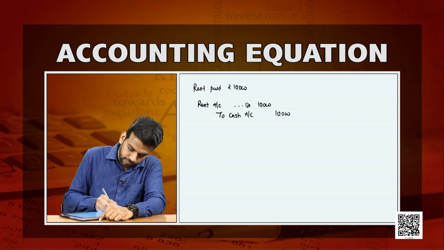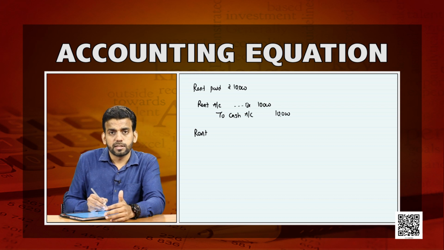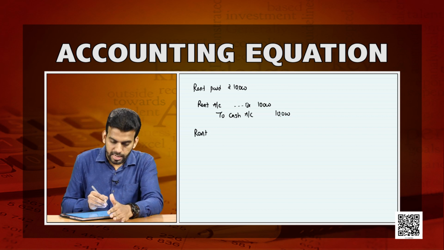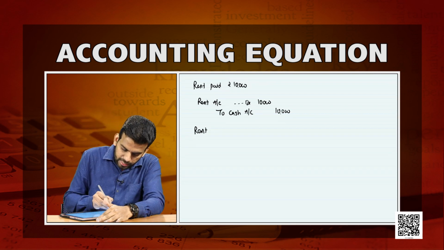Sometimes the rent or any other expense falls due, but we are not able to pay that, and that is known as rent outstanding. Rent outstanding means rent has fallen due but not yet paid.